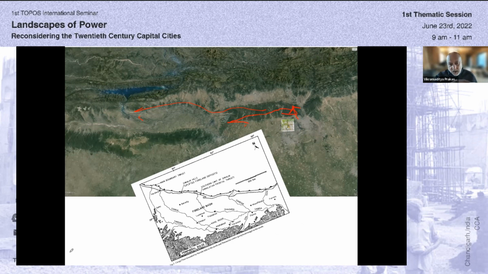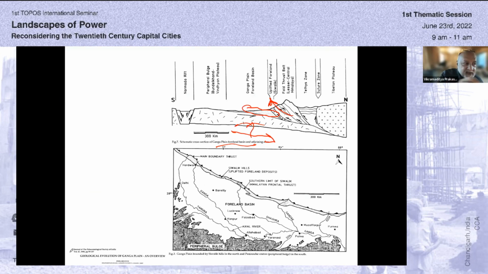The collision of the South Asian plate into the Asian plate, a 40 million year process, has created an erosion field which can be as much as 1 kilometer deep, over 1,000 meters deep.